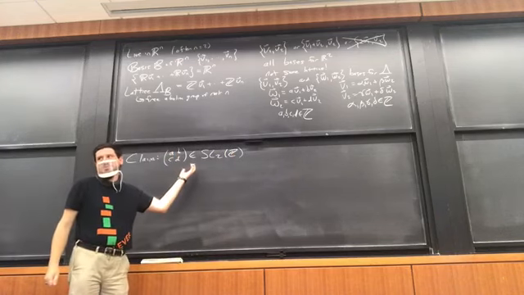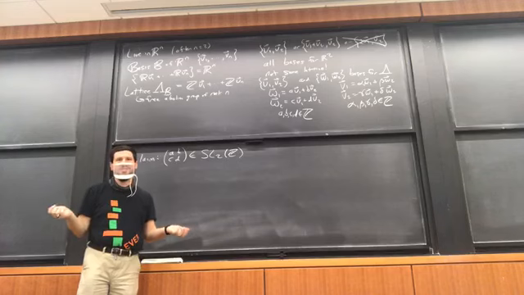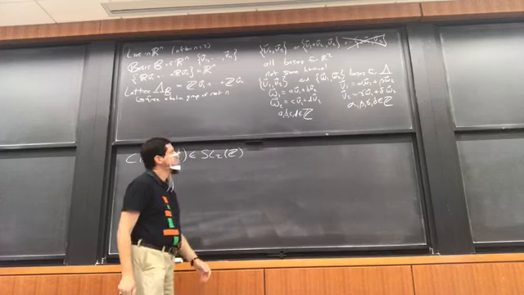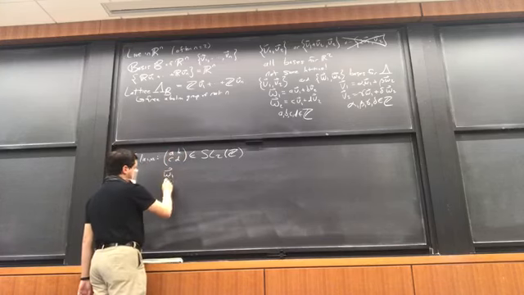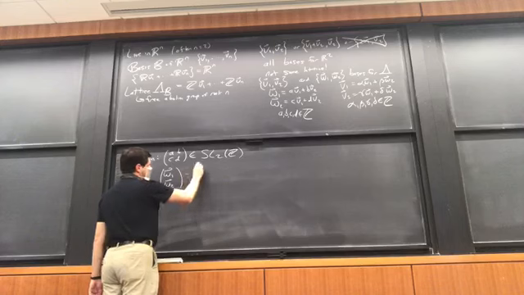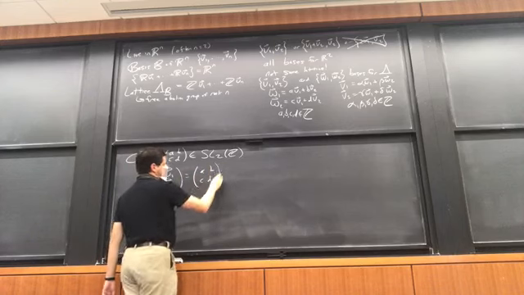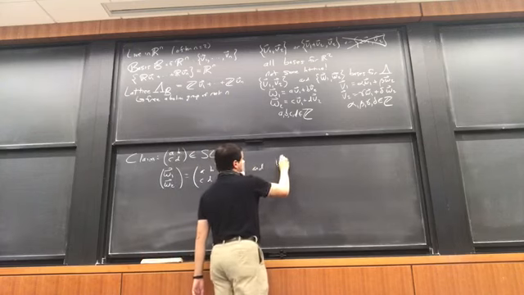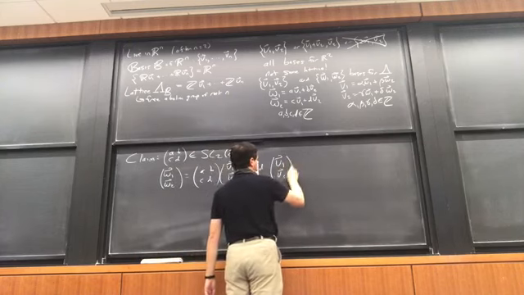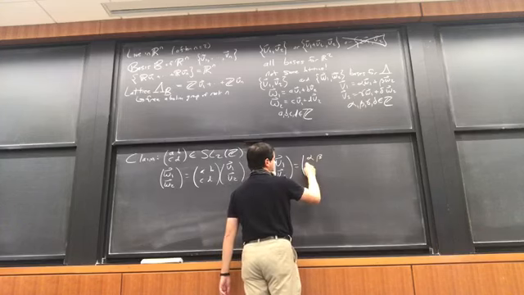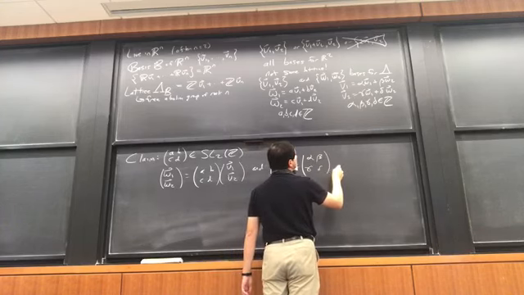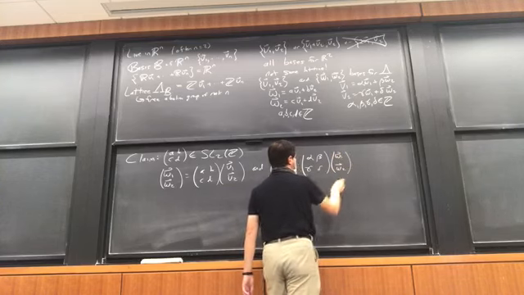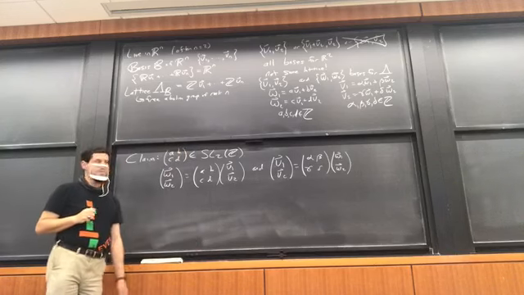And of course, if that's in SL2Z, by just changing the roles of V and W, we clearly have the other. Okay, so we know W1, W2 was A, B, C, D of V1, V2, and V1, V2 is equal to alpha, beta, gamma, delta of W1, W2. So what do we now get?